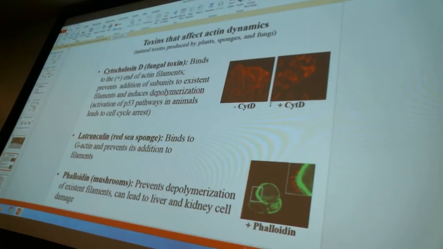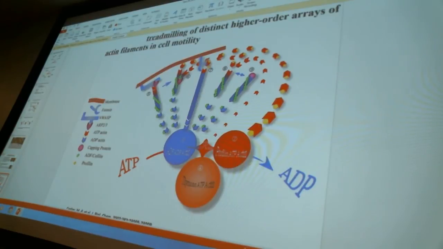Cell, for normal functioning, requires constant treadmilling of their higher order structure. And here we can see this on this model where we have very highly organized different types of actin networks that, although they are not collapsing, are constantly undergoing treadmilling.